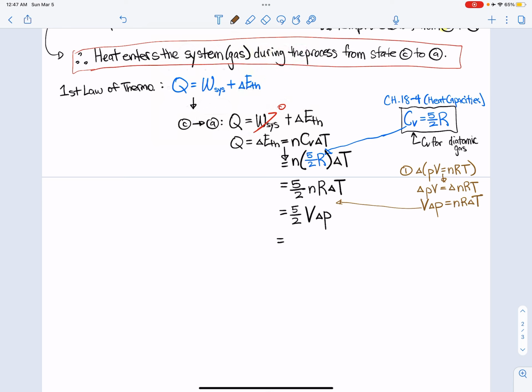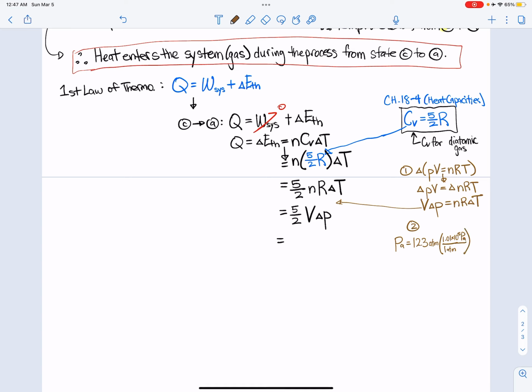So, side mission number 2. I'm going to convert my pressure in state A that I found in part A, that's 12.3 atm. I'm going to use a conversion, which is something we should also know: 1 atm is equal to 1.01 times 10 to the 5th pascals.